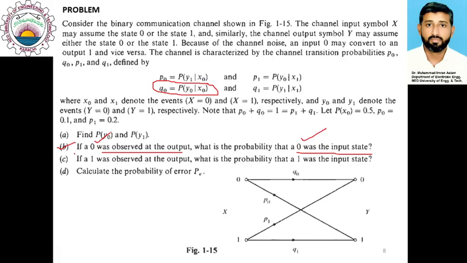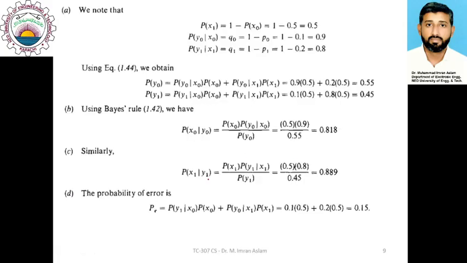Part C says that if we observe 1 at the output, so we know that y is 1, we want to find the probability that the input was also 1. So we want to find the probability that the input was 1, given that the output received was 1.